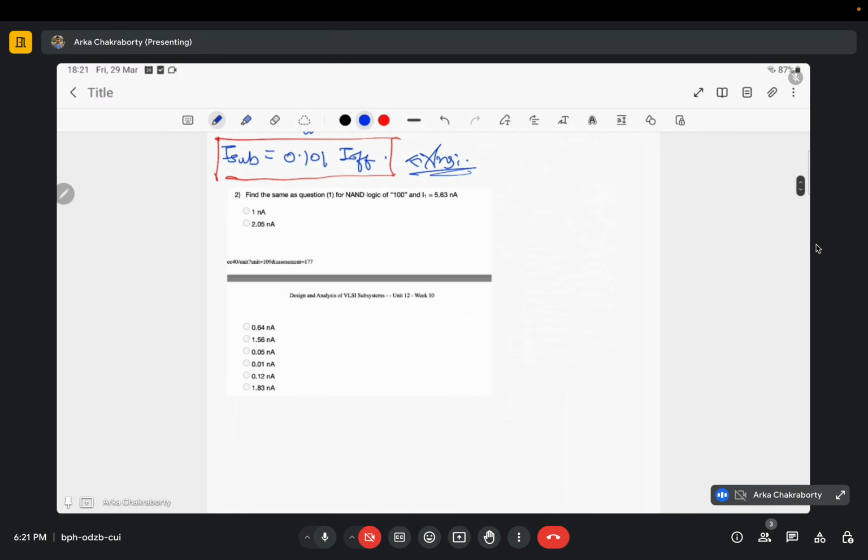The input is 100. So let me draw the NMOS stack first. So it's 100: this one is on, this one is off, this one is off.